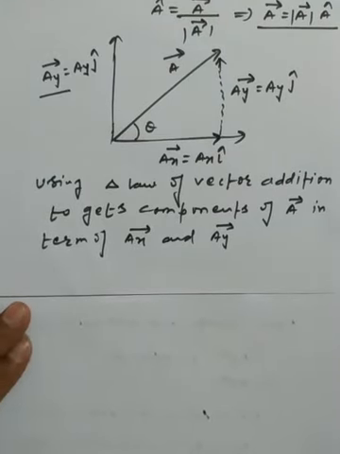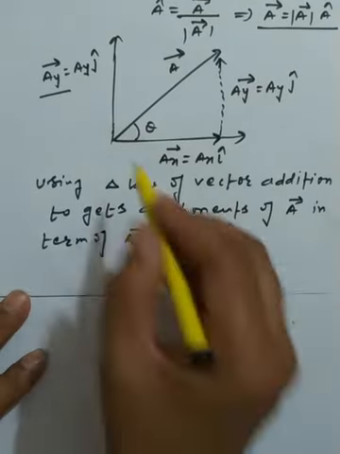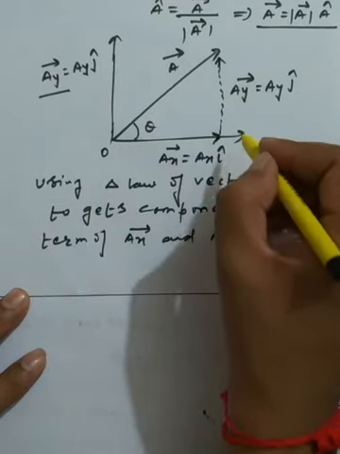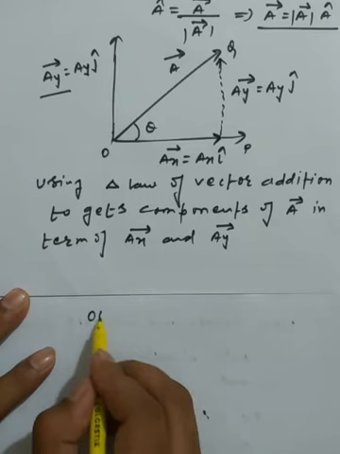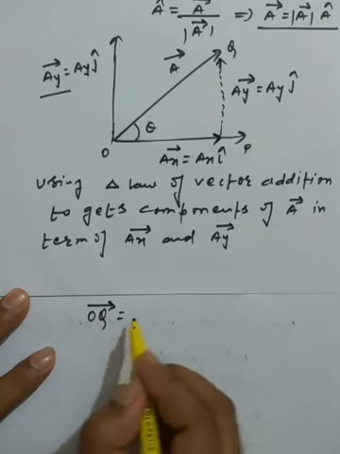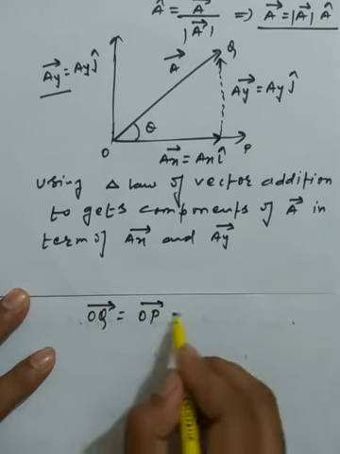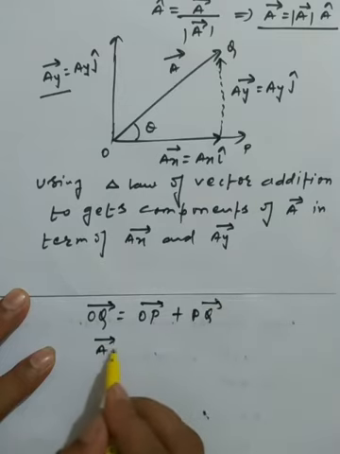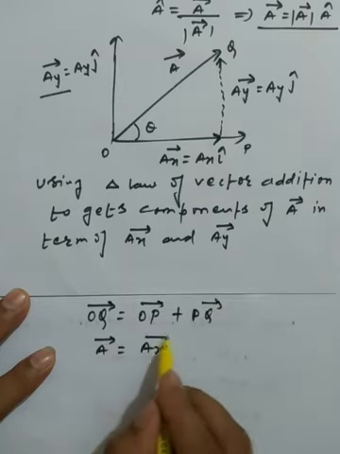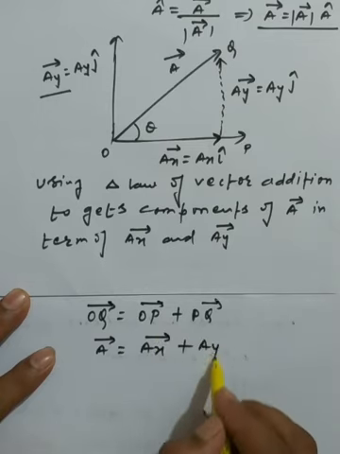So I can use the two sides in the same order, O to P and then P to Q. The OQ vector can be stated as the OP vector plus the PQ vector. So the vector A can be stated as the ax vector plus the ay vector.